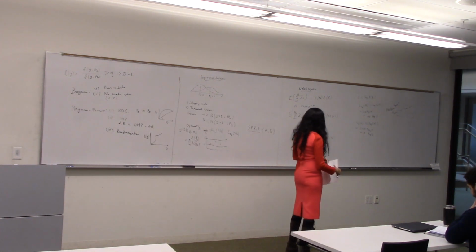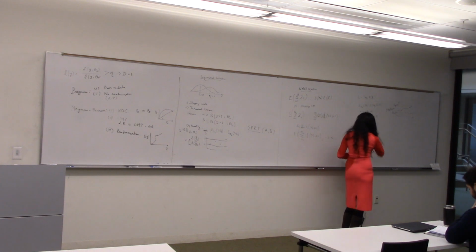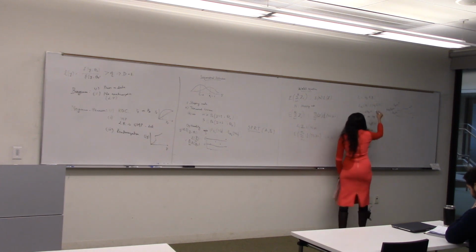Okay, so all we did here was use the Wald rule. Of course, this expectation should also have theta naught and theta 1, right?